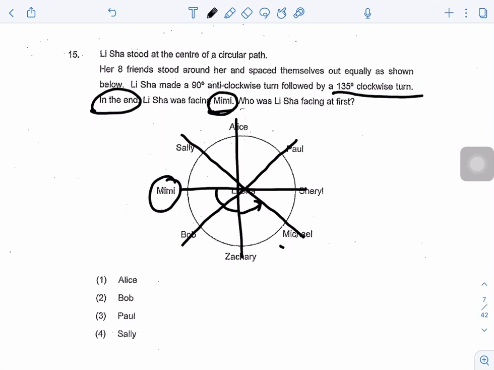So she was facing Michael. Okay, then now we go back. Before Michael, what was happening? She made a 90 degrees anti-clockwise turn. Since she made an anti-clockwise turn, we gotta turn back to clockwise. Now 45 degrees, 90 degrees. She was facing Bob at first. Answer is 2.